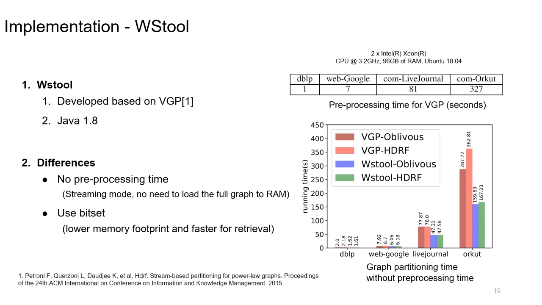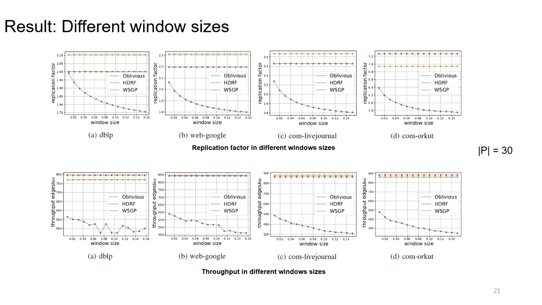So the graph on the bottom right shows, for WS2, only the processing time. WS2 is 2 times faster than the WSGP implementation. In this scenario, we vary the window size. First, we fix the number of partitions to 30, and the four graphs on top show the algorithms.